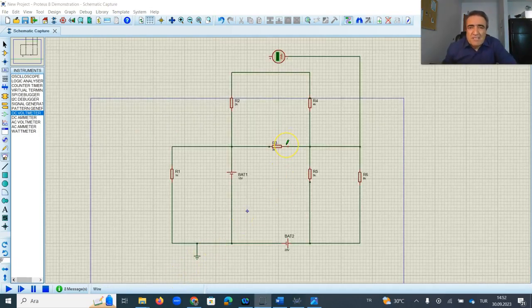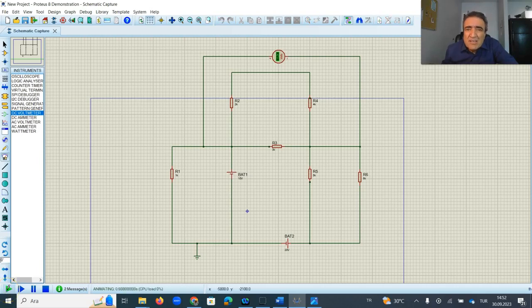You can change the poles of voltmeters to measure different parts of the circuit. For example, if you connect this line here to here, then running the simulation, you are getting 5.24.